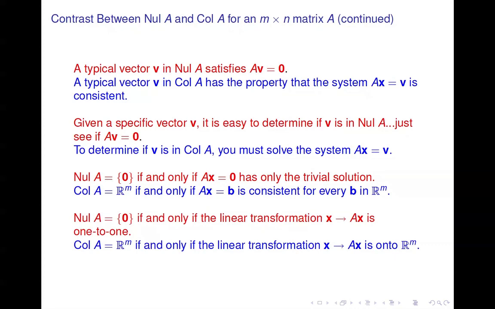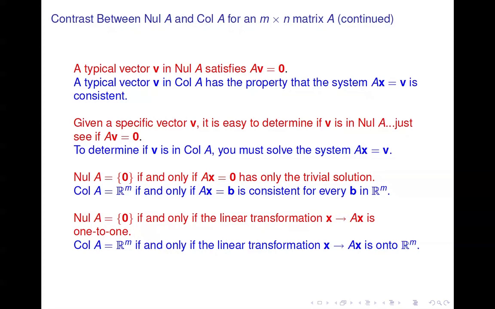And then relating it to linear transformations, the null space of A is equal to the 0 vector if and only if the transformation x to AX is 1 to 1. If you back up to the previous one, we had that null A is only the 0 vector if AX equals 0 has only the trivial solution.